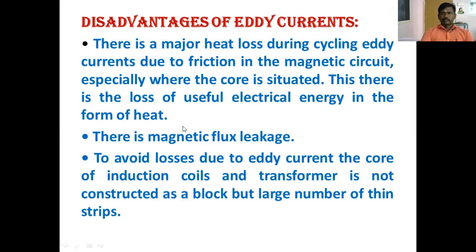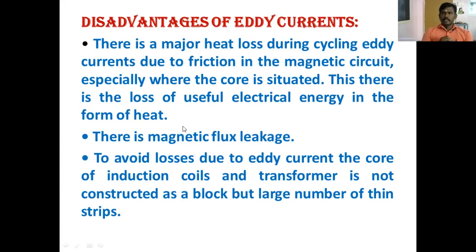And the second one: if you want to transfer that useful electrical energy from one particular metal to another metal, it is also difficult. And one more thing, magnetic flux leakage is also possible.